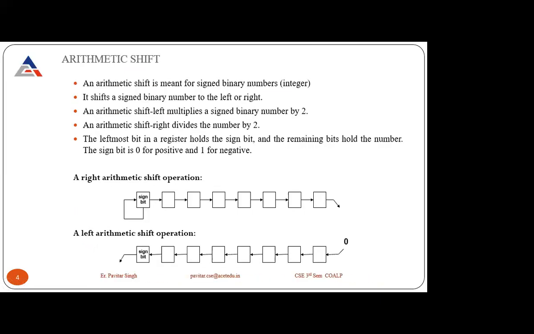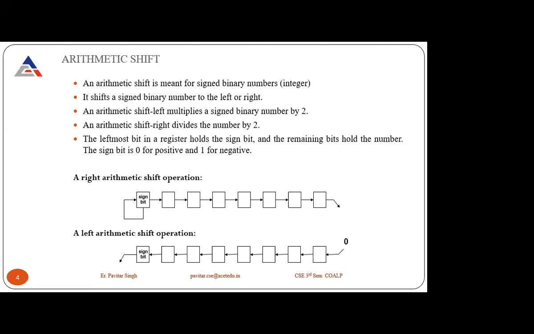Next we have arithmetic shift. So this is a very important shift, so see it very carefully. An arithmetic shift is meant for signed binary numbers, that is the integers. Signed binary number means there will be one sign.